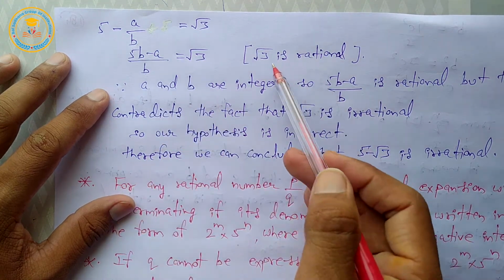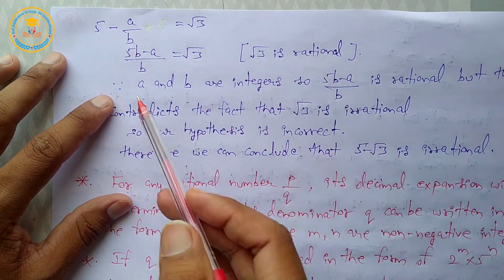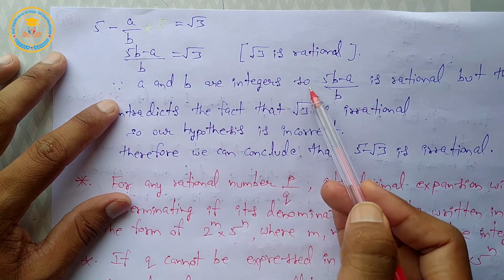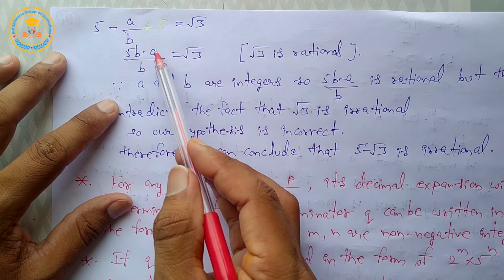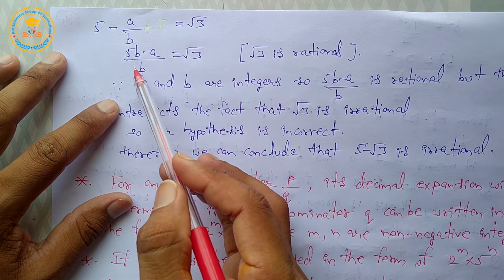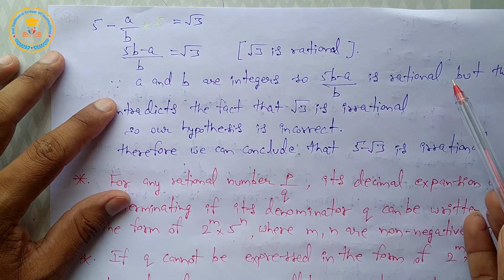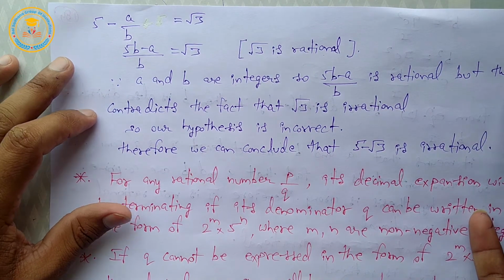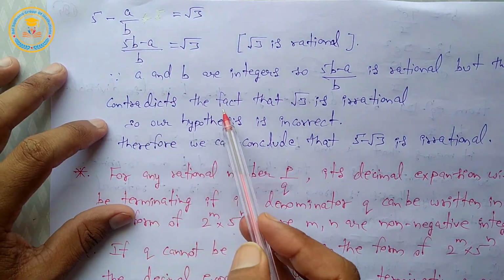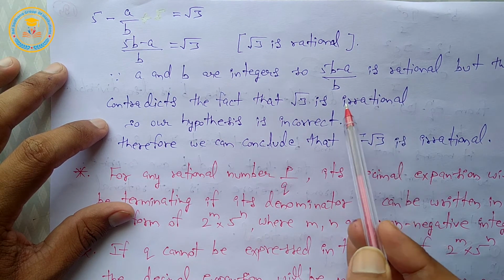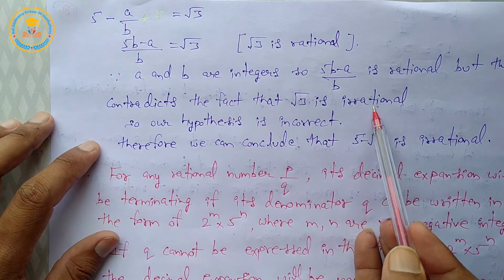According to this condition, 5b minus a upon b is rational because a and b are integers, but this contradicts the fact that root 3 is irrational.